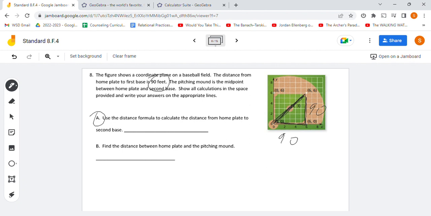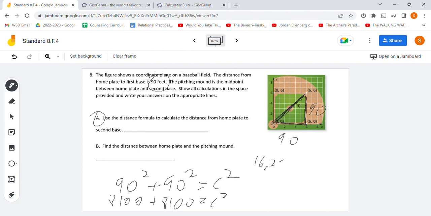So we can use the Pythagorean Theorem to calculate the distance from home plate to second base. So again, a squared plus b squared equals c squared would give us 90 squared plus 90 squared equals c squared. 90 squared gives us 8100, so we end up with 8100 plus 8100 for this calculation. Add those together and we get 16,200 equals c squared.